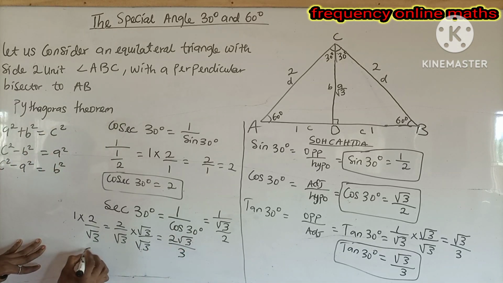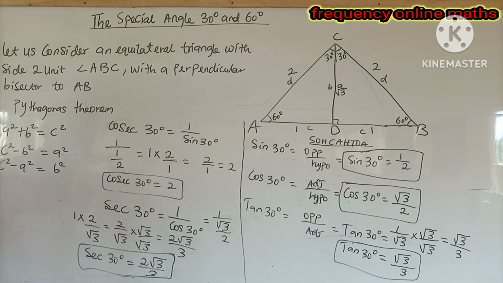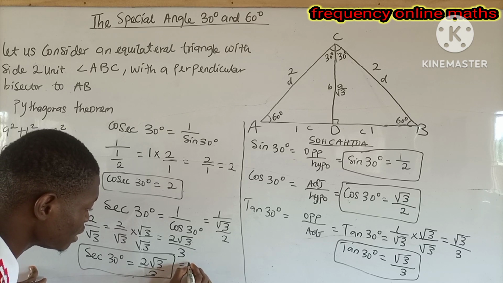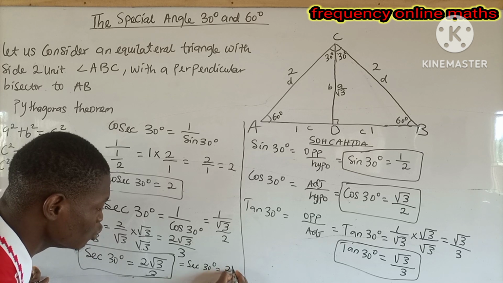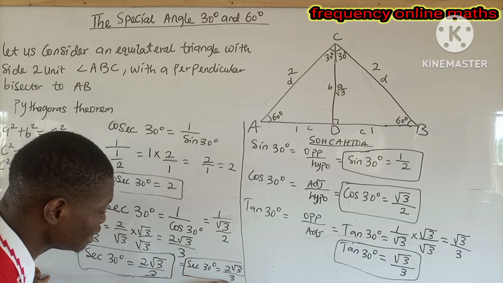So sec 30 degrees is equal to 2 root 3 over 3. So that's the value for sec 30 degrees. Let me write it here. Sec 30 degrees is equal to 2 root 3 over 3. That's the value for sec 30 degrees.